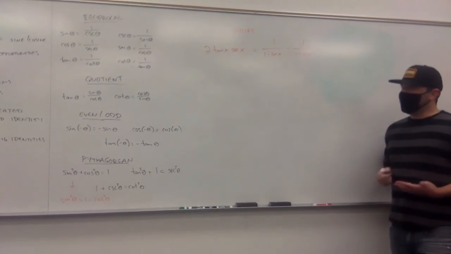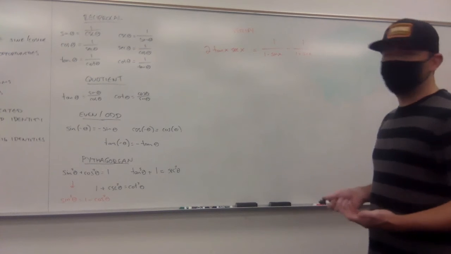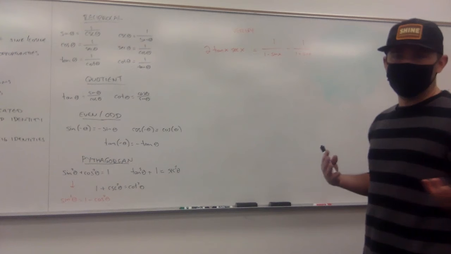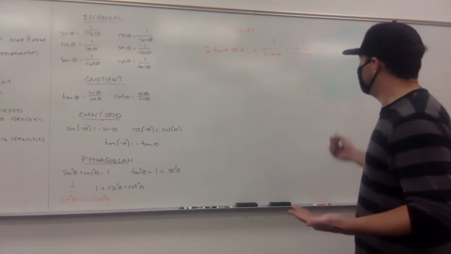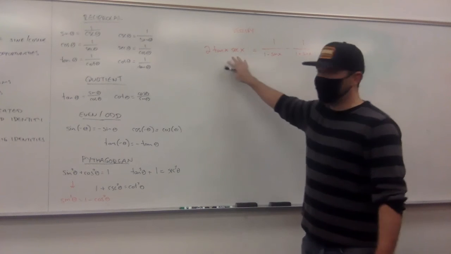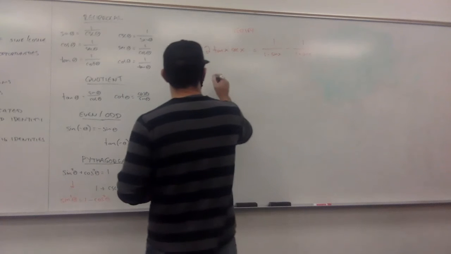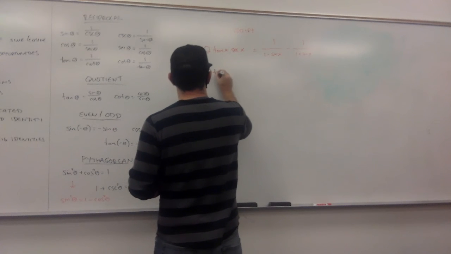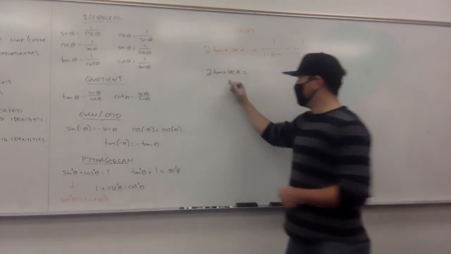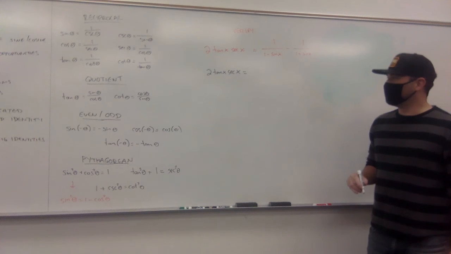Okay, so now to start this problem, I don't think it's necessarily clear that one side is more complicated than the other. They both look fairly complex. If I gave this to you, you might choose differently than I do. I see that I already have the right-hand side in terms of sine, so I might leave that alone and work with the left one. If I start with 2 tangent x secant x, really the only thing I can see to do here would be to rewrite both of these expressions in terms of sine and cosine.